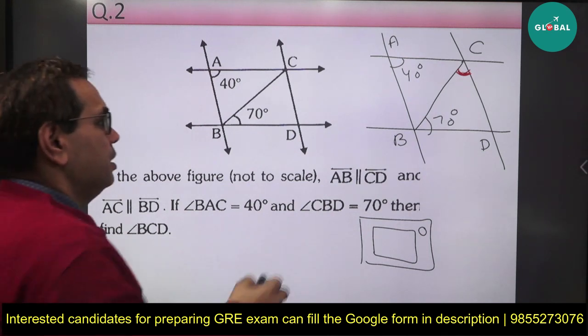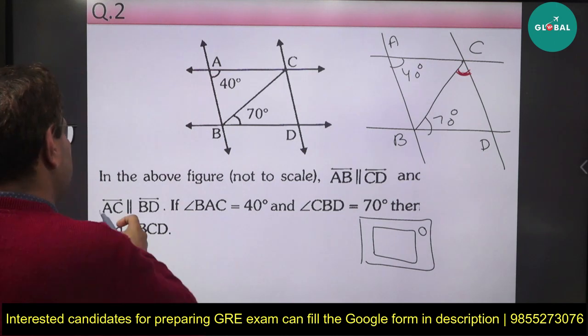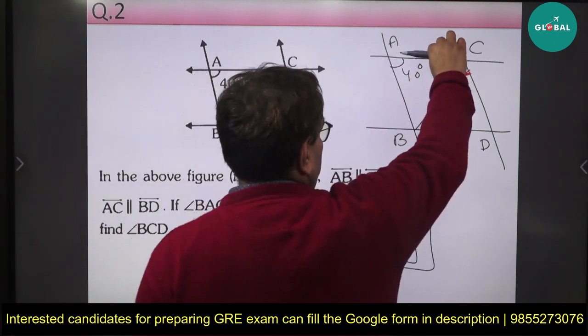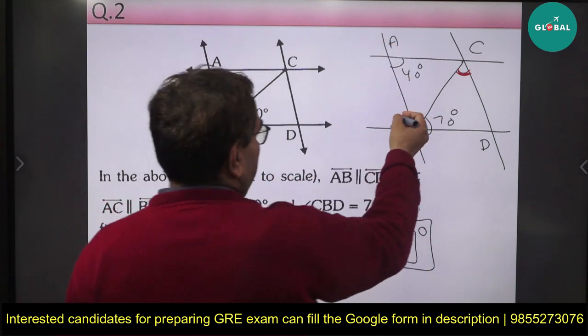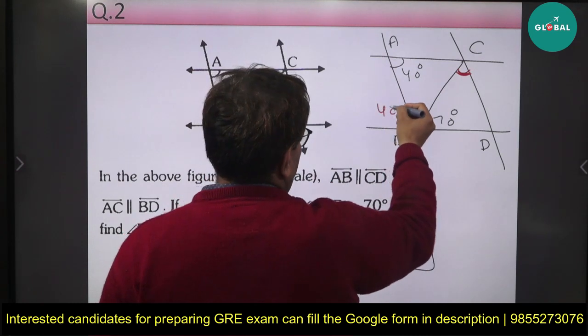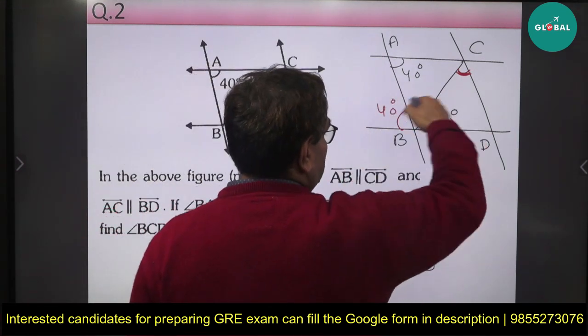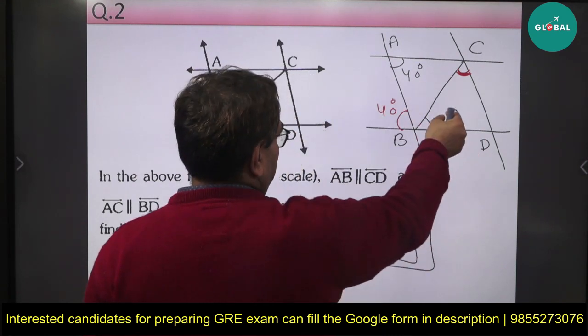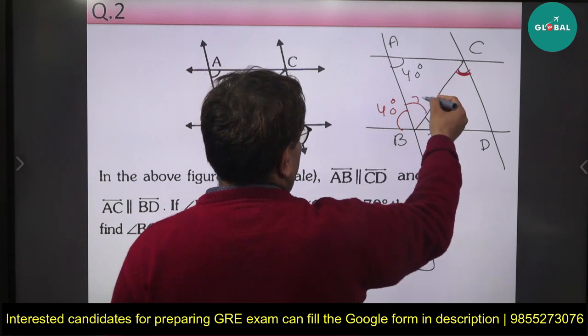Now since it is given that AB is parallel to CD and AC is parallel to BD, so this one and this one are parallel, so this is a transversal, so clearly these two are alternate angles, so 40-40, this one will be 40 degree. Now this is a straight line, so total straight angle is 180, so 70-40, so this is how much? It is also 70 degree.